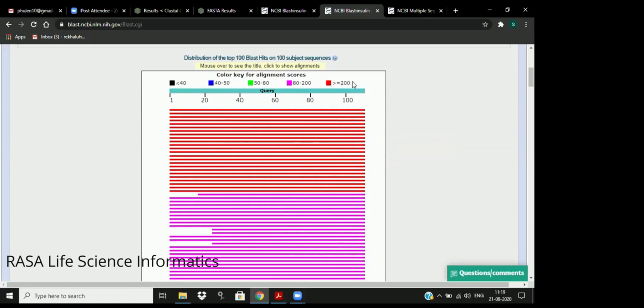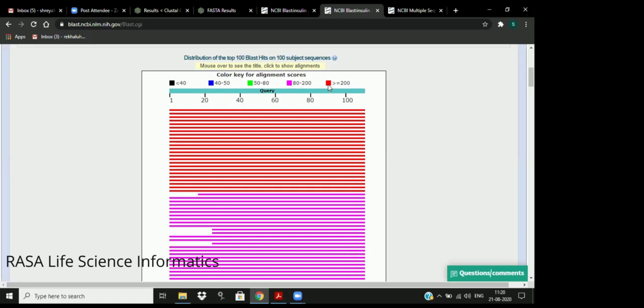Like I said, the higher the score of alignment, the better the confidence in the predictions we can make. If the result shows you red, it means that the score of the alignment is 200 or more.